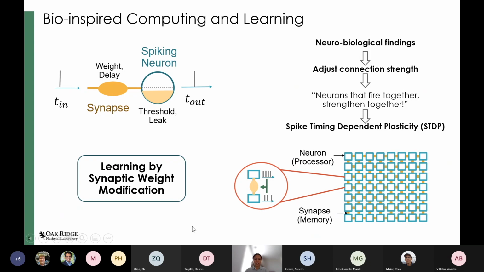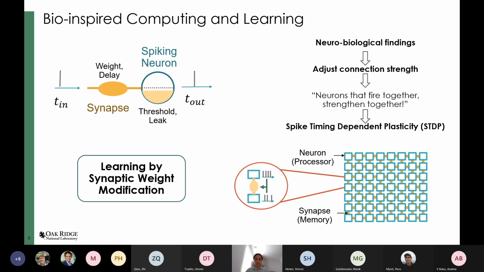So this rule can potentially be realized on non-von Neumann hardware, because the synaptic update, the learning done by updating the synaptic weight, takes place by only looking at the activities at the locally available neurons.